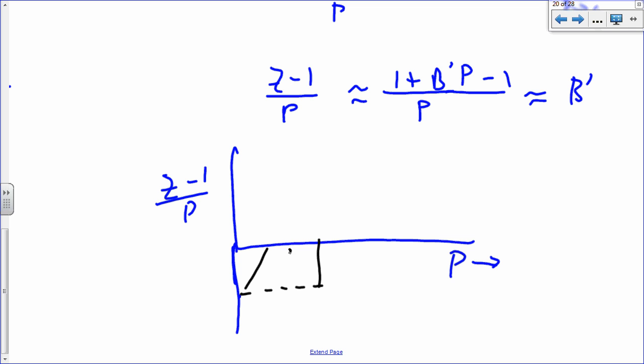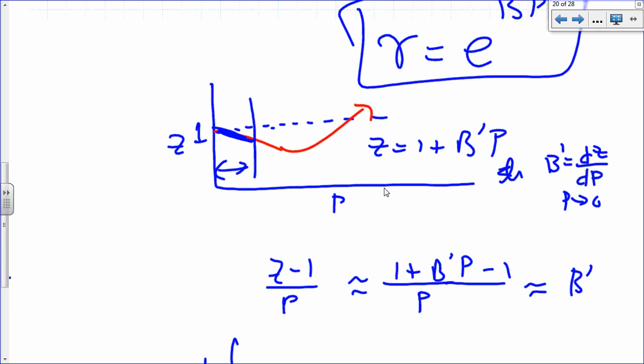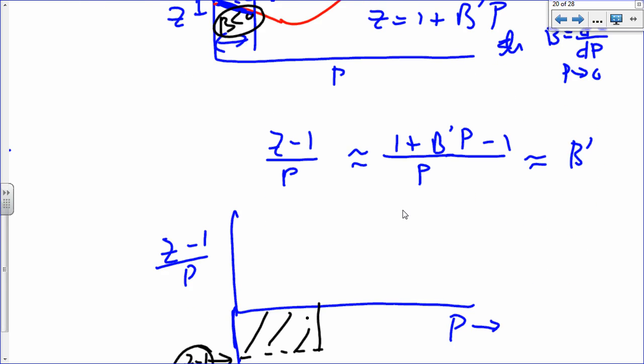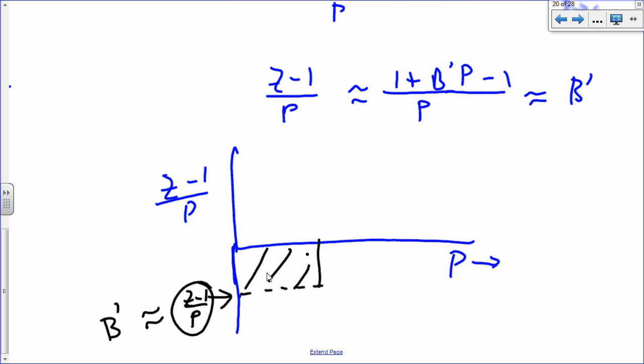So within that interval, that's Z minus 1 over P, okay? So this is the value of Z minus 1 over P, right there. That's approximately equal to B prime. B prime, why is it negative? Because you have a negative slope right here. B is negative, okay? So that would be the area under that curve, the negative of the area under that curve. Actually, it's the area above the curve.